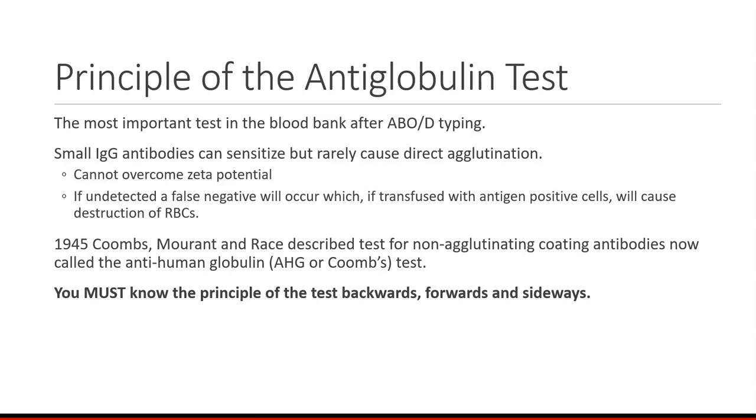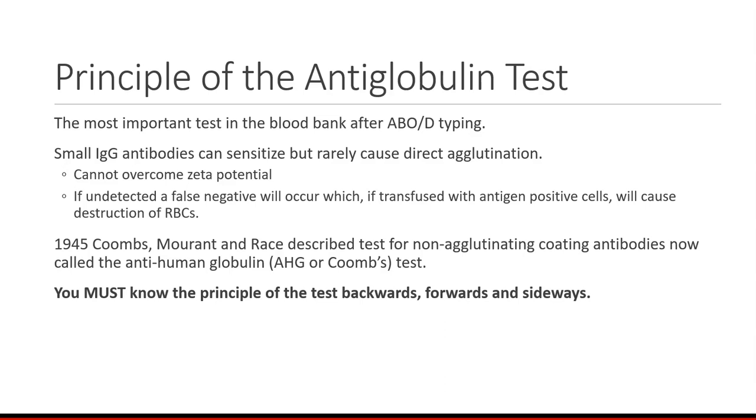If these go undetected, a false negative will occur, which, if transfused with antigen-positive cells, will cause destruction of those transfused red cells. In 1945, Coombs, Mourant, and Race described tests for non-agglutinating coating antibodies, now called the anti-human globulin, or AHG, or Coombs test. These are used interchangeably. You'll hear it all the time: AHG, anti-human globulin, or Coombs test. They all mean the same thing.